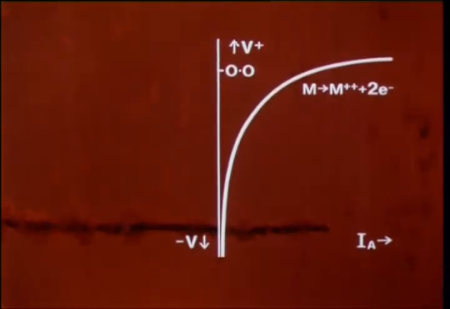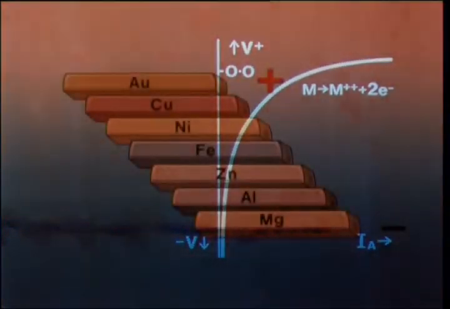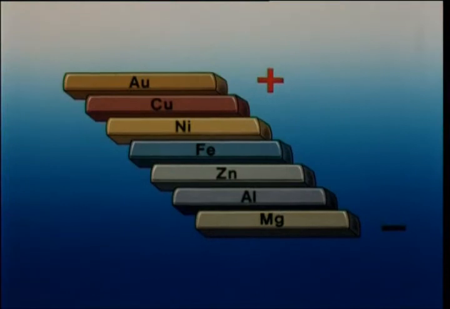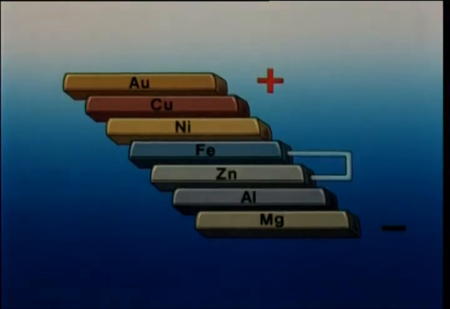Metals placed in water have a characteristic potential, different for each metal. If we couple together two metals having different potentials, for example, zinc and iron, the electrons are extracted from the negative metal, zinc, and flow to the more positive metal, iron.